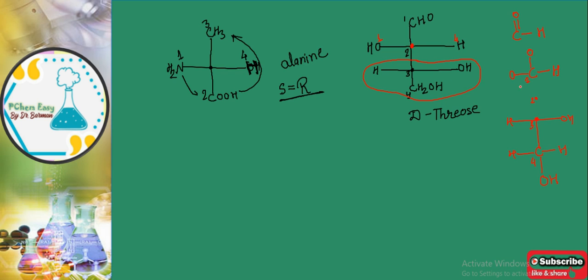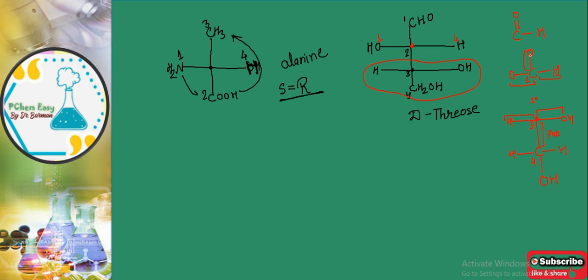This carbon is bonded with oxygen, and this one is also bonded with oxygen, so no point of difference. This carbon is bonded with hydrogen here, and this carbon is bonded with hydrogen here. Have you seen the point of difference? This is the point of difference.